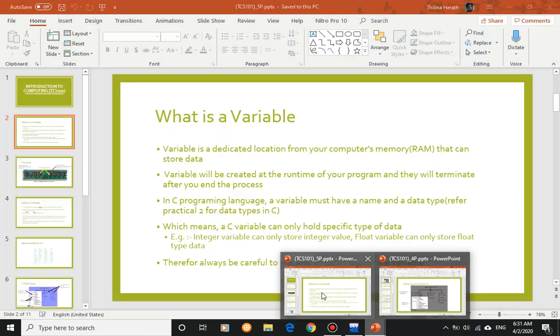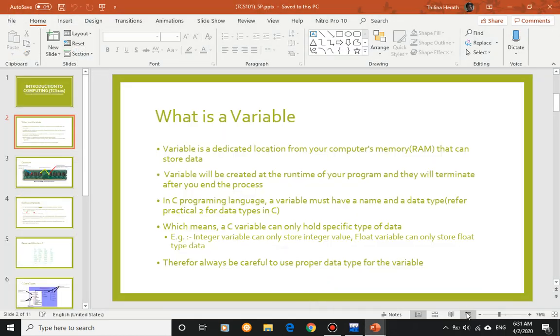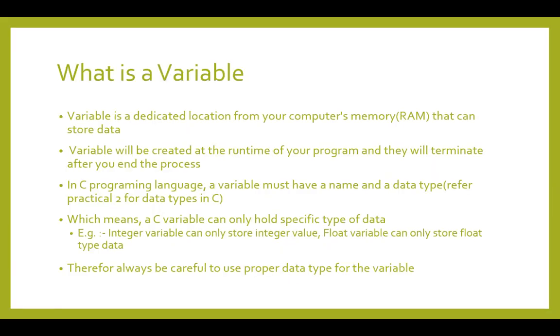I will move into the current lesson. We already discussed that we need a variable name and a data type. Because there's a data type restriction, you should be careful when using variables, because you need to have the proper data type based on your problem.